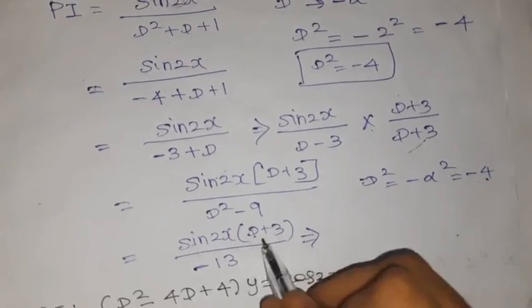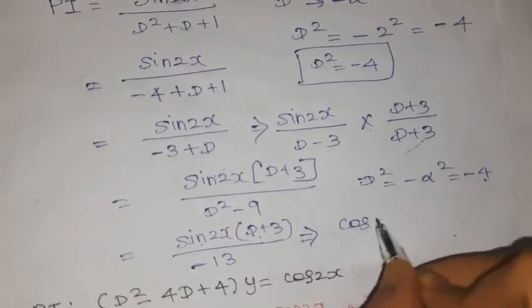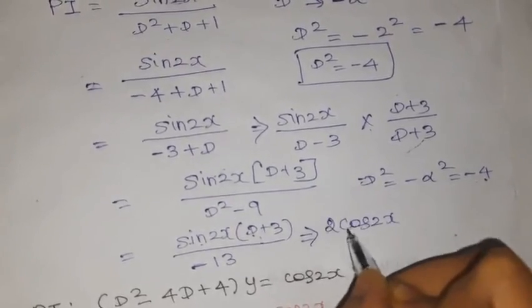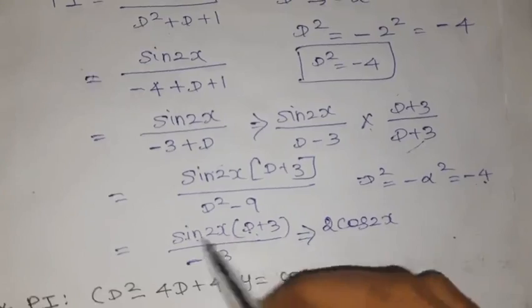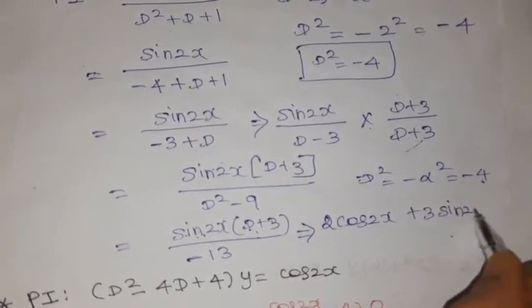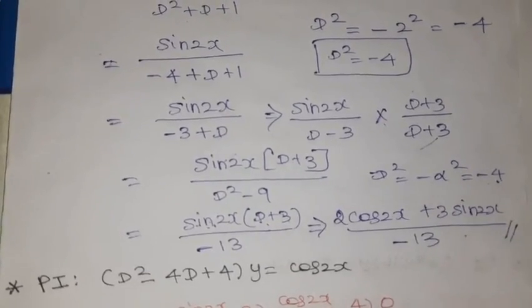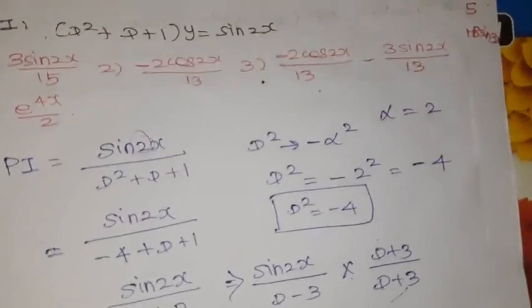Then what is the next step? Differentiate with d. When we differentiate this term, sin 2x, we will get cos 2x into 2. Then it is just a constant, plus 3 sin 2x, in the denominator minus 13. So, this is the particular integral for the given differential equation.